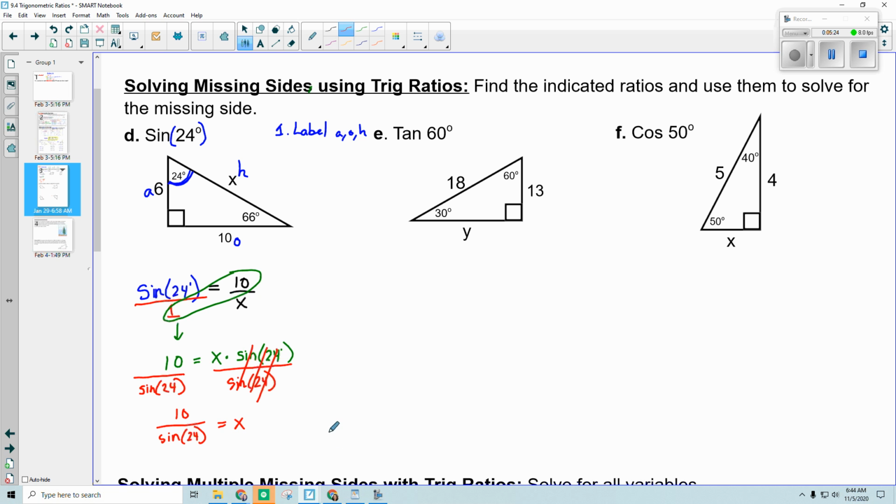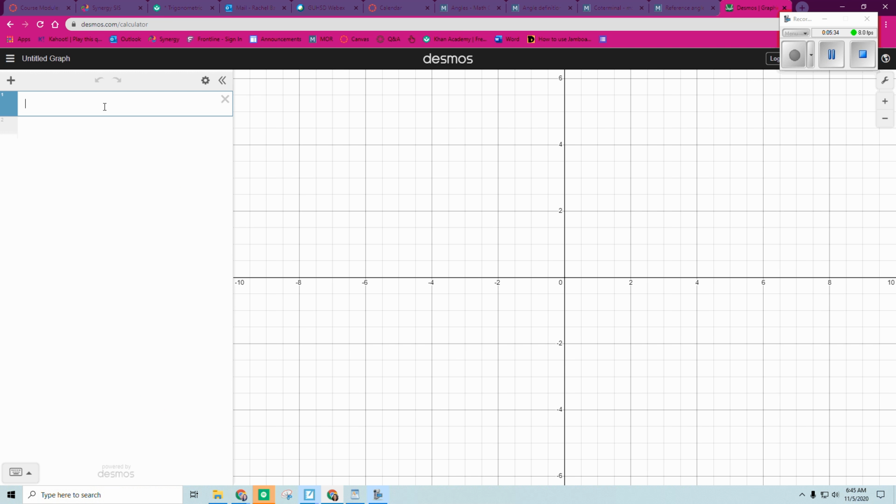So if I was going to go over to Desmos right now, I'm plugging in 10 divided by sine of 24. So here we get 10 and then divided by sine of 24 degrees. One nice thing about this is on your keyboard, you can actually just type in the letters S-I-N, and that'll give you sine.